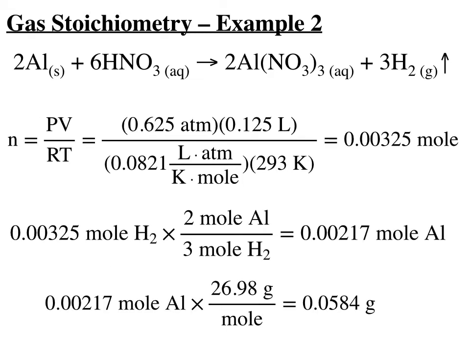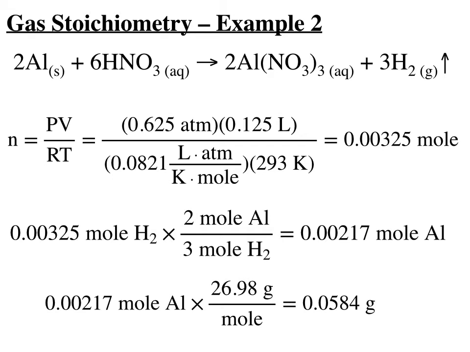Using the pressure, volume, and temperature on the previous slide, I will find the moles of H2 gas that are going to evolve under those conditions. And I get 0.00325. Notice all units canceling as they should, and I'm only left in mole units.